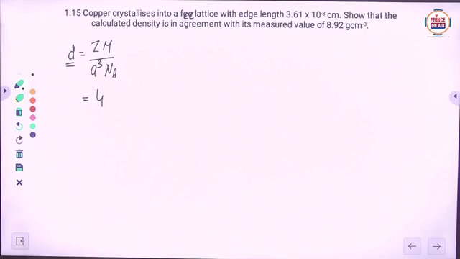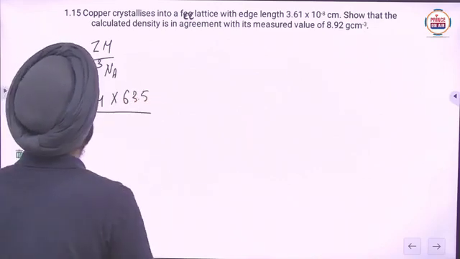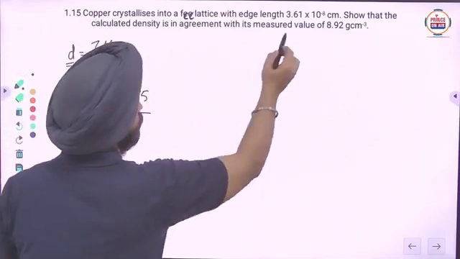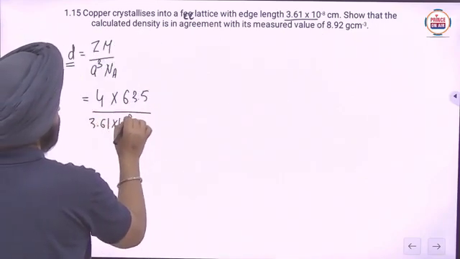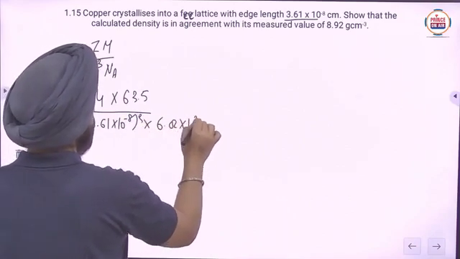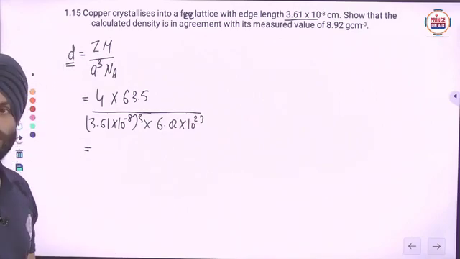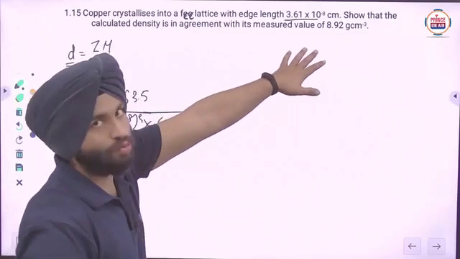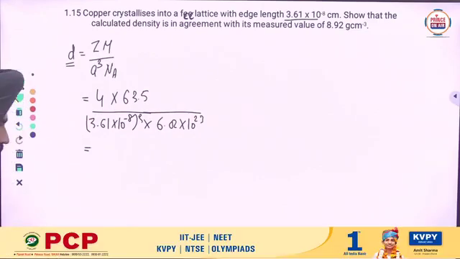For FCC Z is 4. M is 63.5 for copper. Clear? The a value is given to you, 3.61 into 10 raised power minus 8 whole cube. N A is 6.02 into 10 raised power 23. So just solve this value. That value should come out to be approximately equal to 8.92. So that value will come out to be 8.97 here.